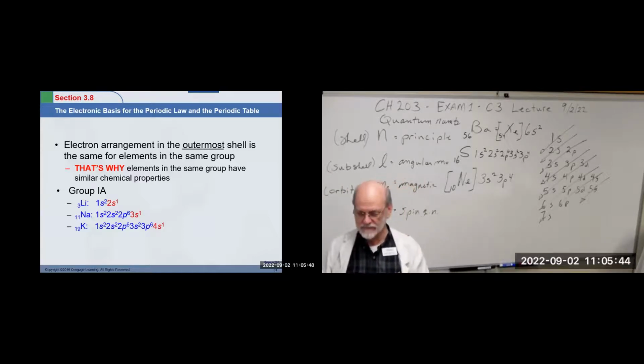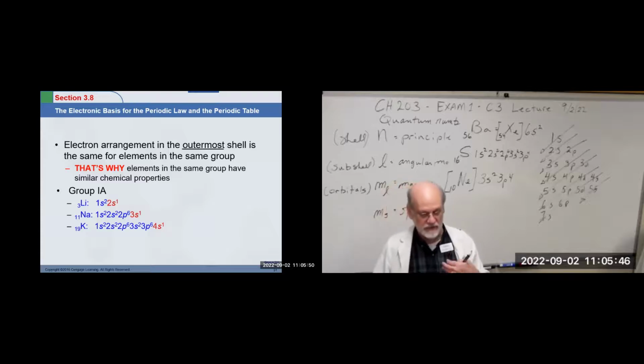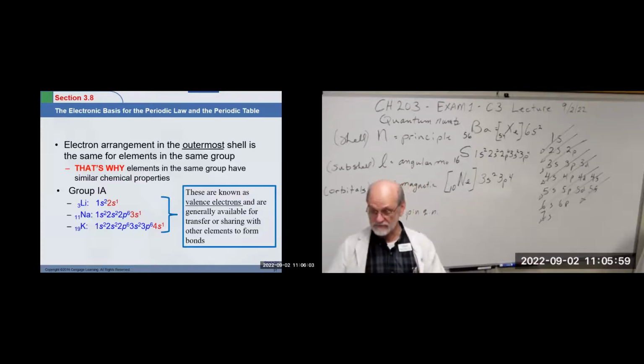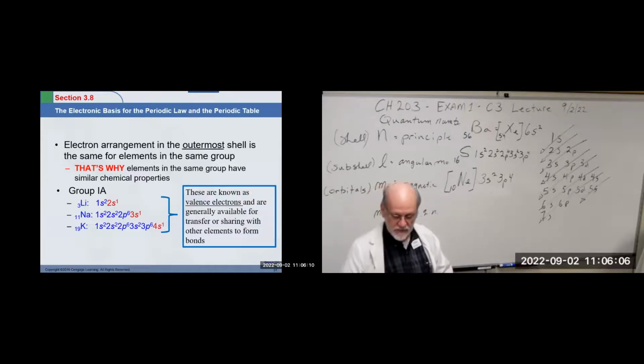They don't get involved in reactivity. Just the valence ones, the outermost shells, the ones that are not complete, the ones that are beyond the noble gas configuration. Those are the valence electrons.